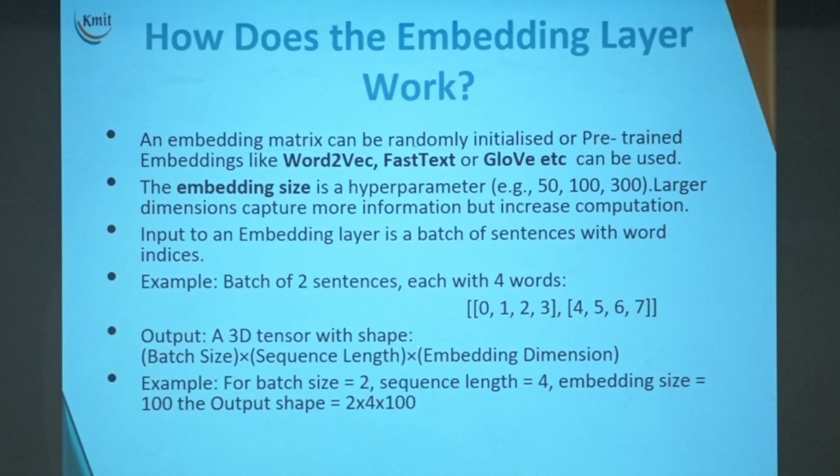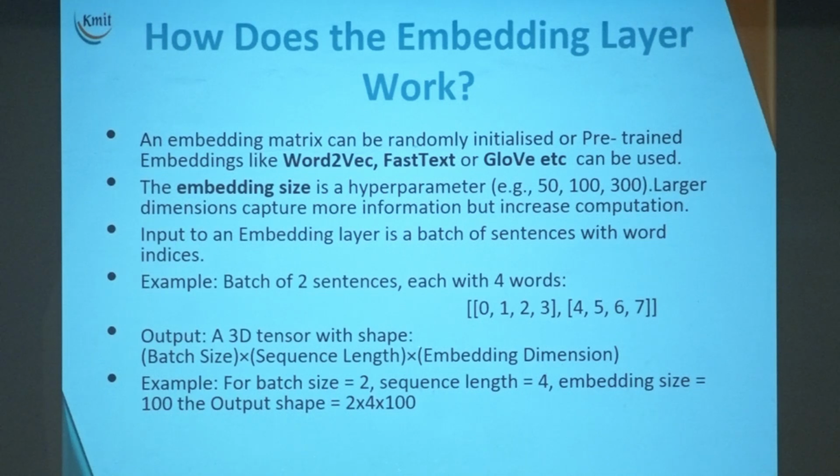Clear enough? Next, the input to an embedding layer is a batch of sentences with indices, as I explained. Output, be careful with this. Whenever you do the subsequent exercises, you will be working with an output which comes as a 3-dimensional tensor, wherein you have sequence length and embedding dimension.